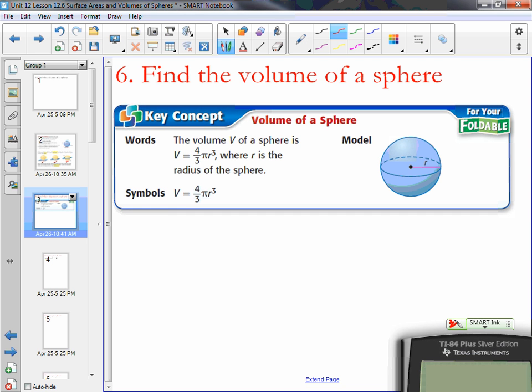You can kind of see the pi coming, right? Since it's circular. The 4/3, that's a little bit of a surprise. So the volume equals 4/3 pi r cubed. The volume of a sphere is 4/3 pi r cubed.